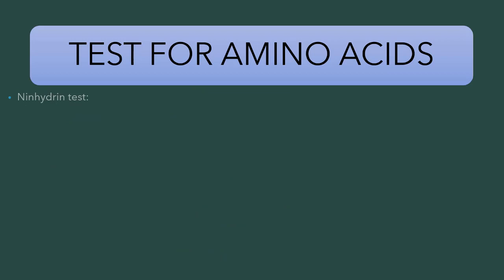For the test for amino acids, the ninhydrin test is the best method to detect amino acids. Most of the amino acids give a purple color with ninhydrin.